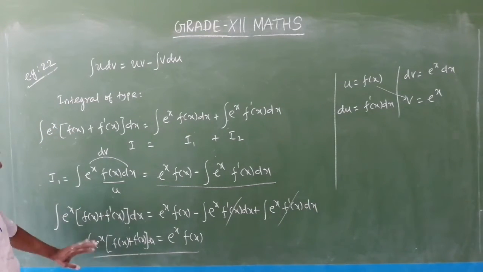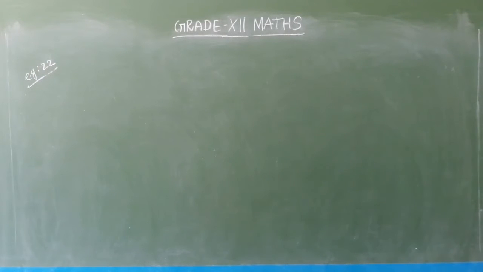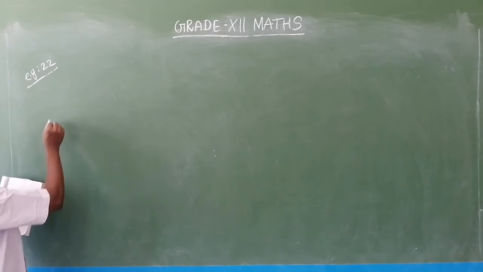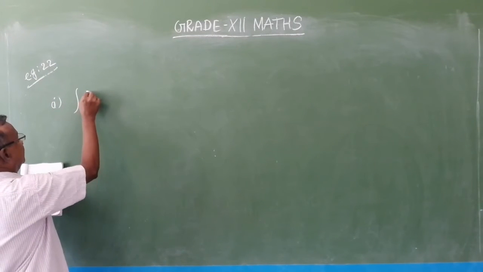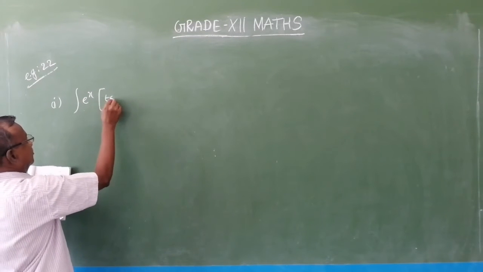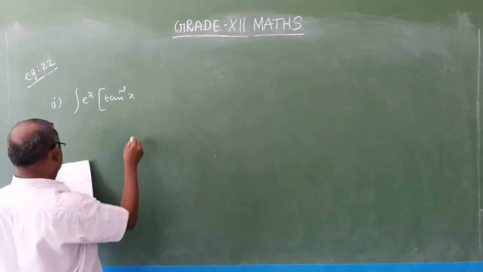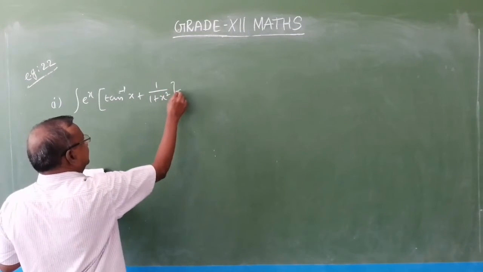So, note this formula. The next example 22, in which the first problem is integral of e power x into tan inverse of x plus 1 by 1 plus x square into dx.